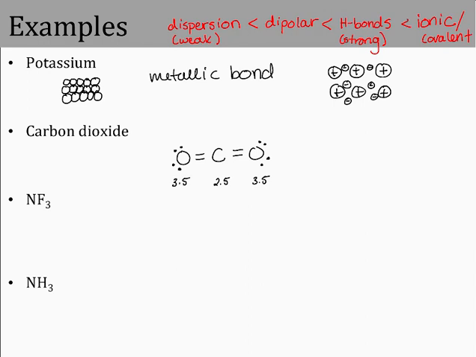So both of those double bonds were polar bonds. However, because those oxygens were pulling in equal but opposite directions, that made the overall molecule non-polar. So we can even draw little arrows here showing the tug of war that's occurring.